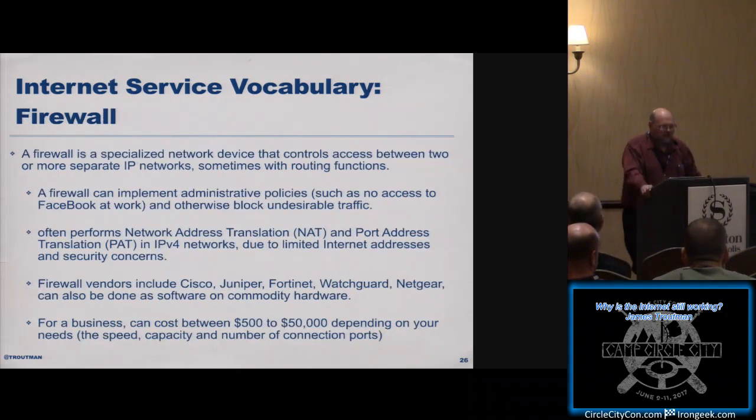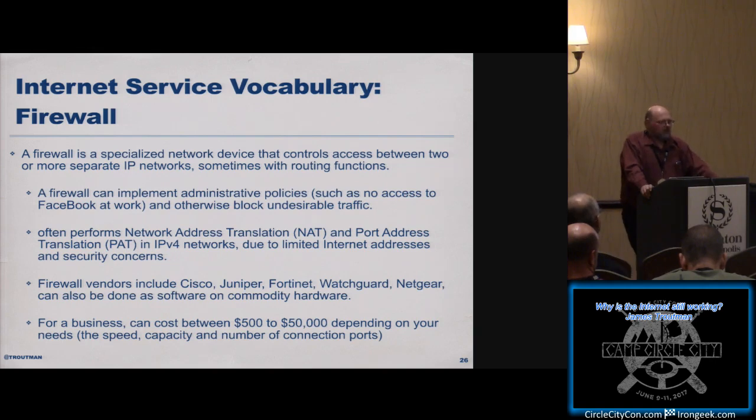Same thing with firewalls, and again, this is basic for most of you. A firewall is just a specialized device that controls access between 2 or more separate IP networks, sometimes including routing. And primarily, a firewall is there to implement some sort of administrative policy, where you're trying to deny some sort of traffic or monitor some sort of traffic or otherwise control that traffic. Maybe you're trying to QoS it.